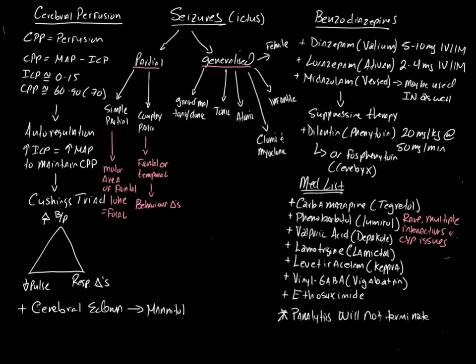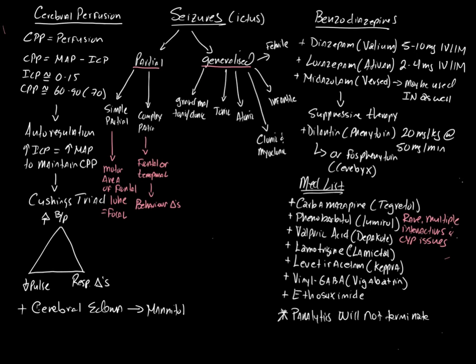Presentation-wise, it's going to be very similar, and really it's just a matter of cause. What the root cause is, calling something a stroke versus an intracranial hemorrhage or what have you. So things like seizures, so if somebody has a seizure, okay, or they have incredibly high blood pressure, those kinds of things point more toward a hemorrhagic stroke.